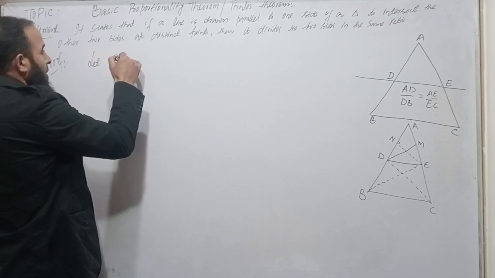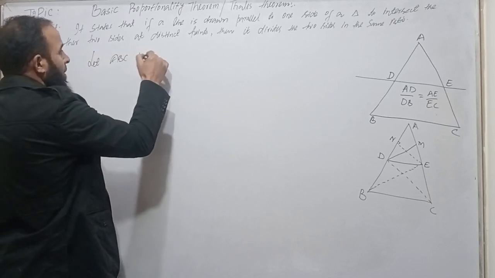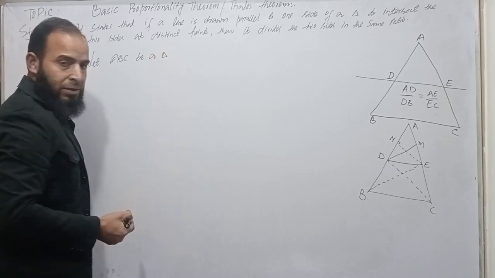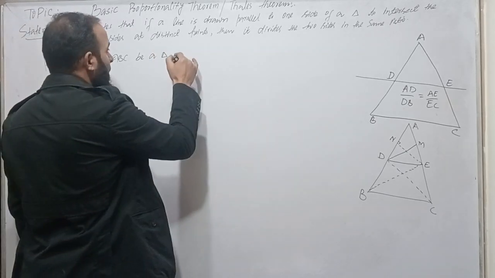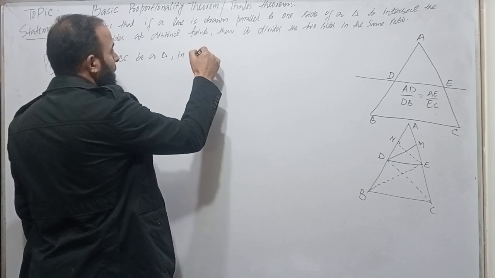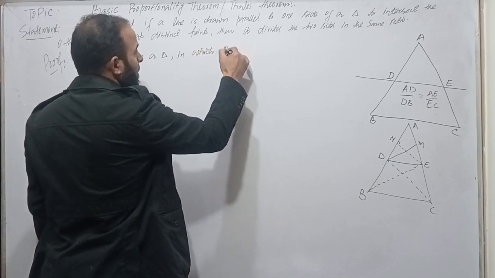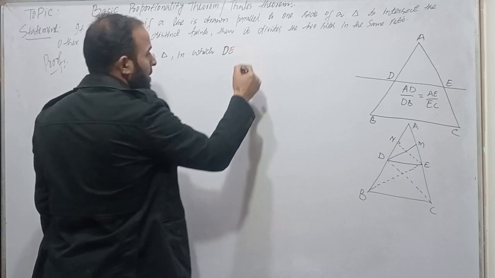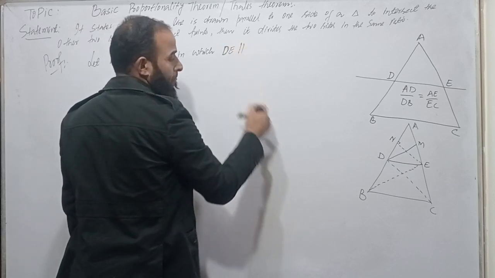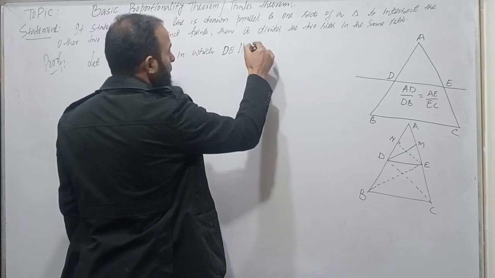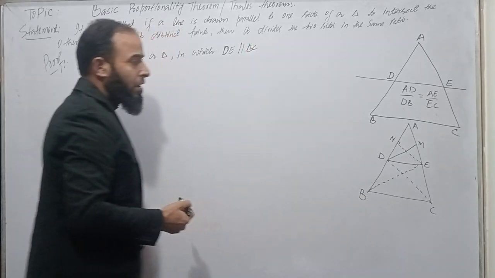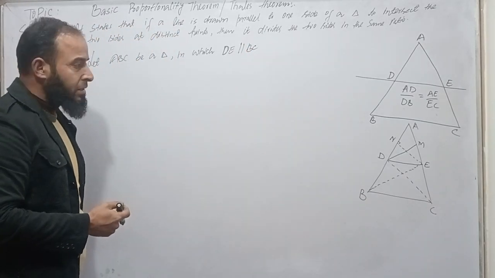Let ABC be a triangle in which DE is parallel to BC.